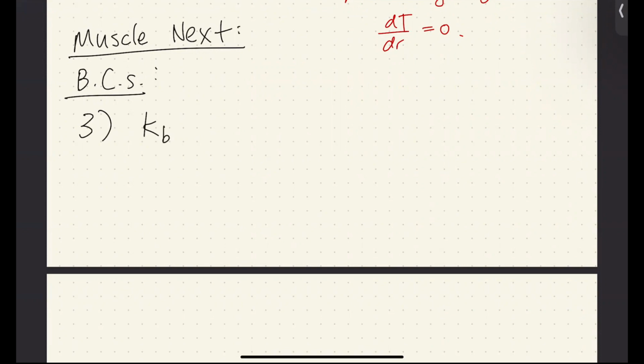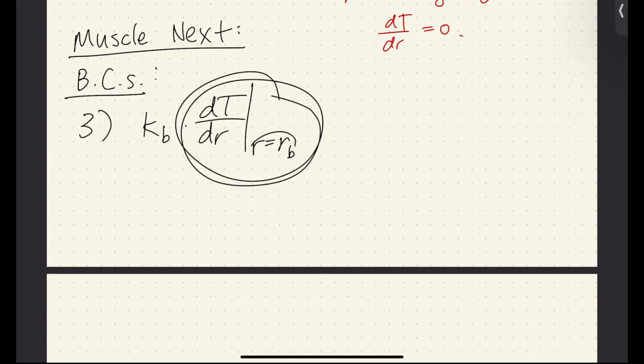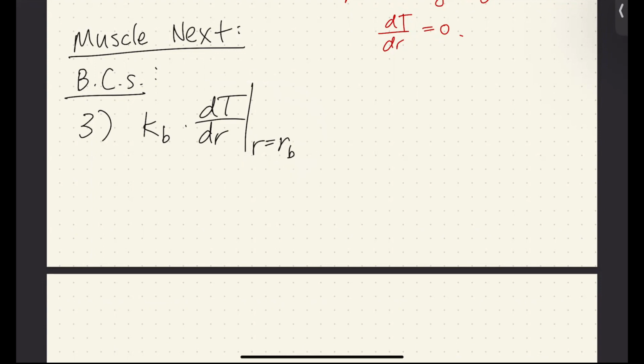The thermal conductivity of our bone times dT/dr at r = r_B, specifically at this interface, is equal to the thermal conductivity of the muscle times the change in temperature with respect to radius at our bone, at this interface.